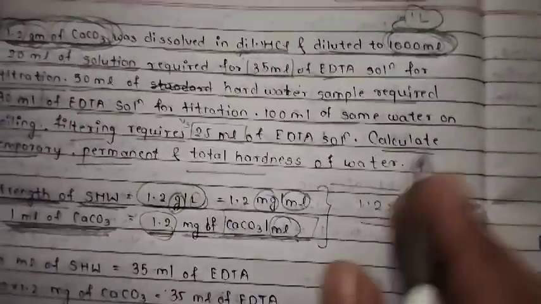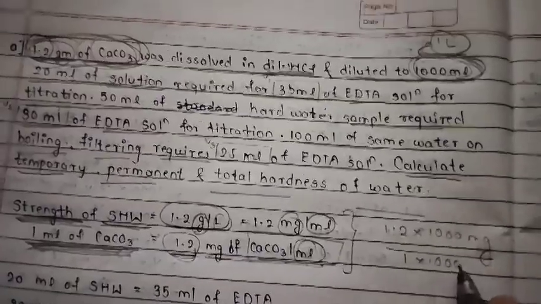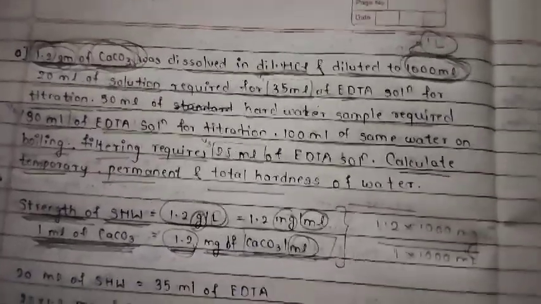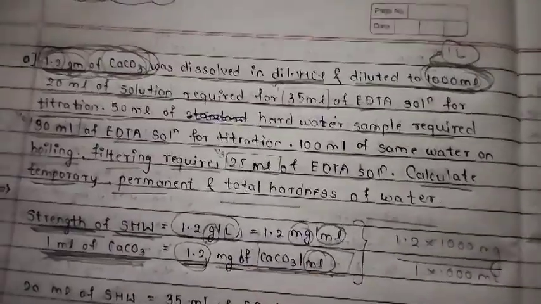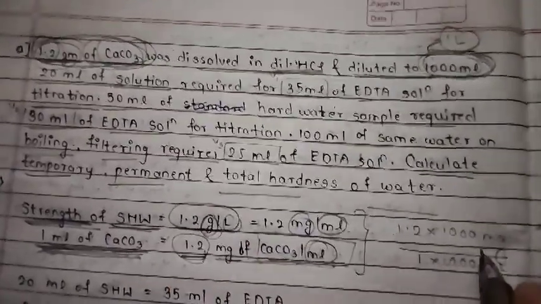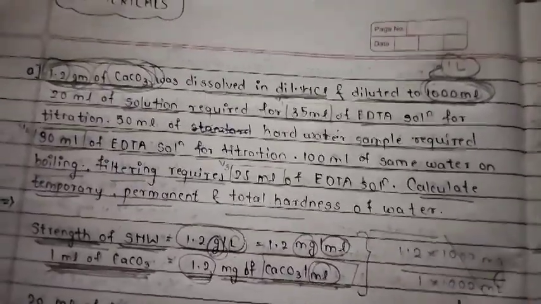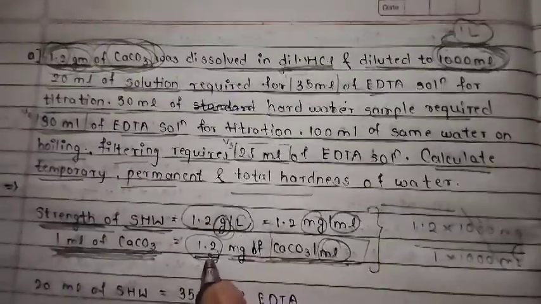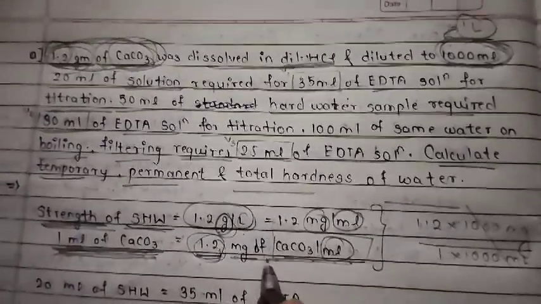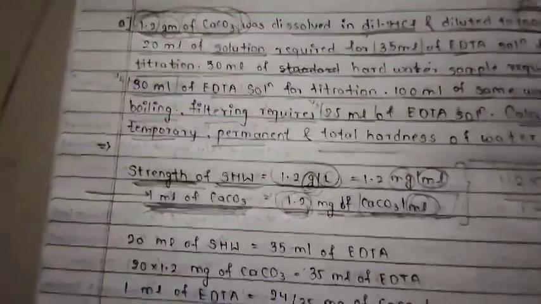Similarly, we have 1 liter, that means 1 into 1000 ml. I hope you understand that we have just converted gram into milligram and liter into milliliter. After cancelling 1000, we get that for 1 ml we require 1.2 milligram of CaCO3 per ml. So now we have got our strength.